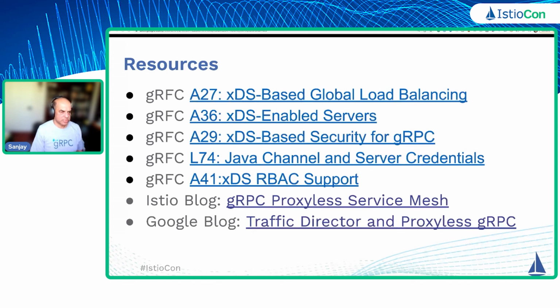Then Java channel and server credentials, which we also saw in one of the slides where I described how to use this stuff with Java. And finally, a gRFC about RBAC or authorization with Proxyless gRPC.